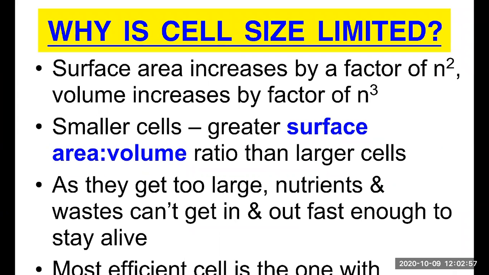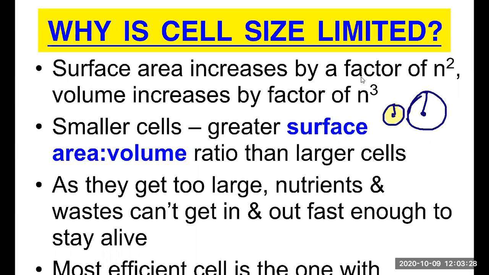In other words, if you had a cell, just a simple sphere, and I make that sphere bigger, what's going to happen is the surface area, or the exposed surface where stuff can actually diffuse in and out. Because remember, in order for something to get to the middle, it only has one path. It has to go from the outside to the center. So as this gets bigger, the distance that it's going to have to travel to get to the center is going to increase. That's the surface area compared to the volume.